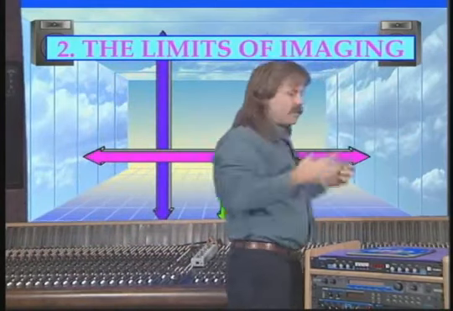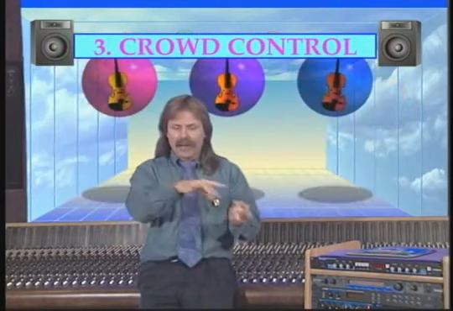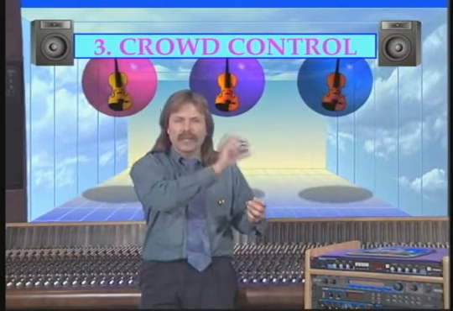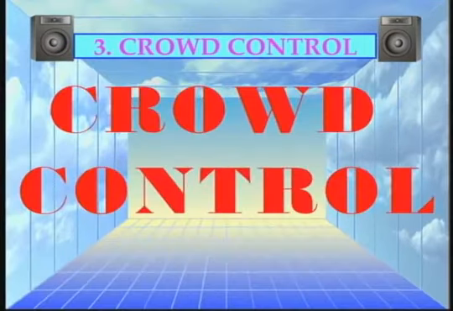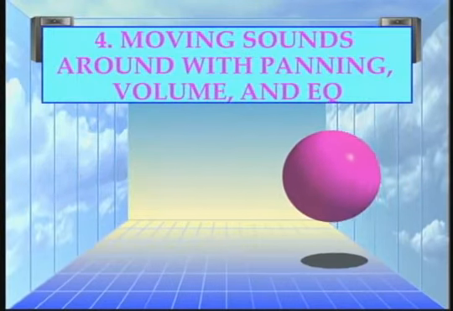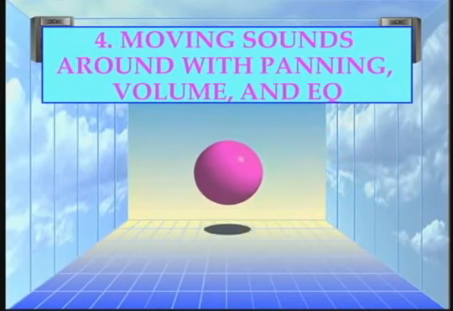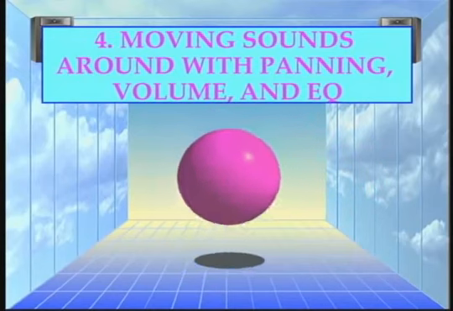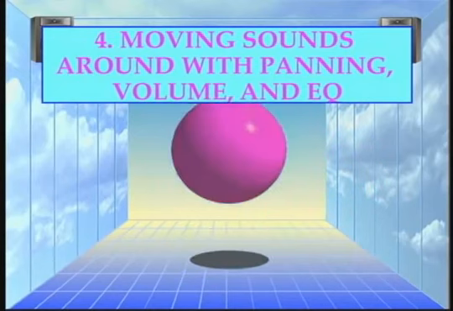We also learned that this is a limited space between the speakers. When you have a lot of sounds in the mix, they fill up the space, causing masking. With only a few sounds in the mix, there is plenty of room and they sound clearer. Therefore, it all becomes a function of crowd control. We also learned that you can move sounds around in this three-dimensional space between the speakers with panning, volume, and EQ.